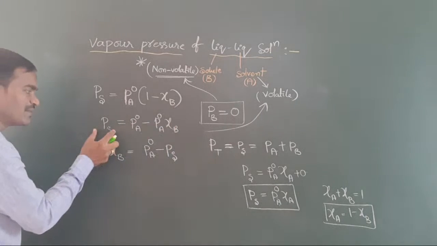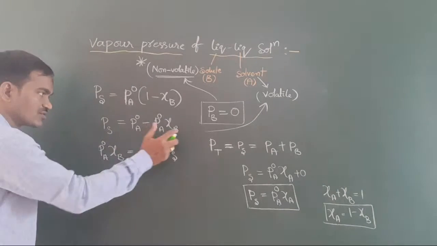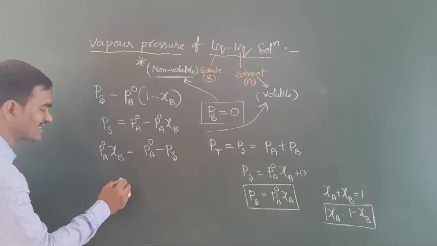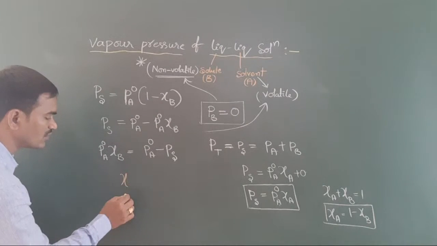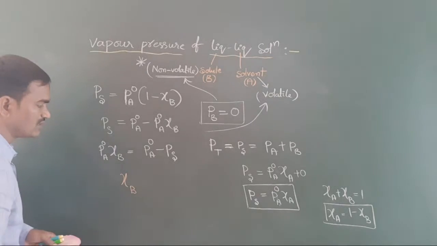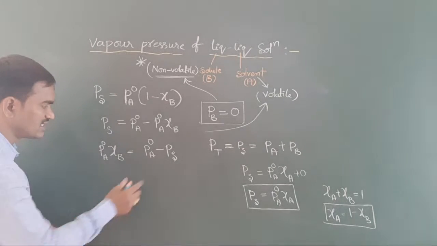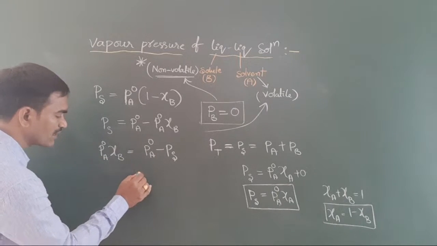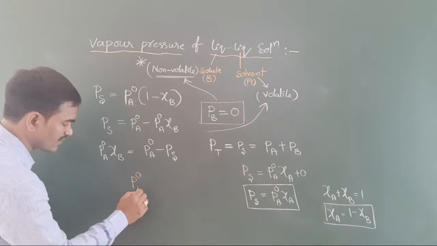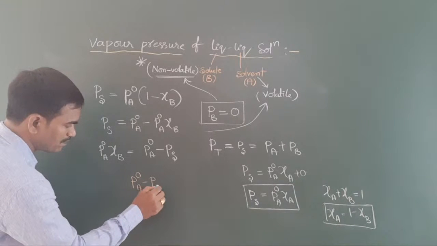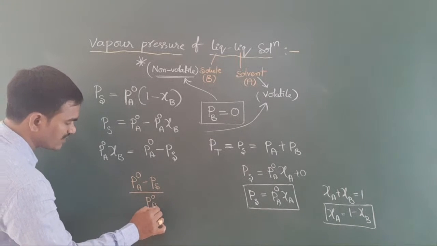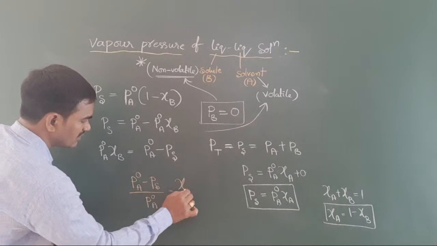Just this term is coming to this side and P_S is going to that side. Have you got it? Now the final step: therefore, chi B is equal to P naught A minus P_S, divided by P naught A.